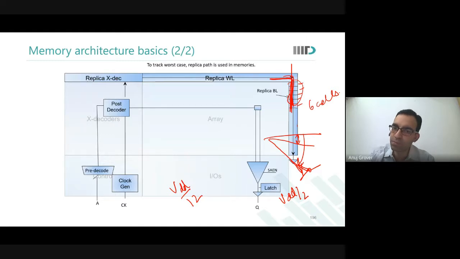Are you with me? If this inverter is triggered at VDD by 2, then at that same time other cells would have led to a discharge of VDD by 12 because वहां पे एक ही सेल था, यहाँ पे 6 थे.